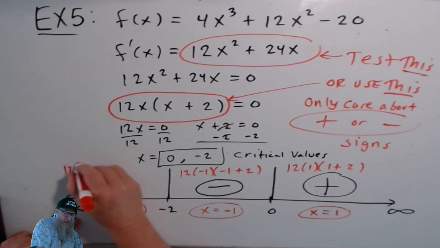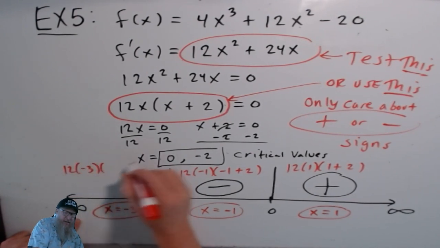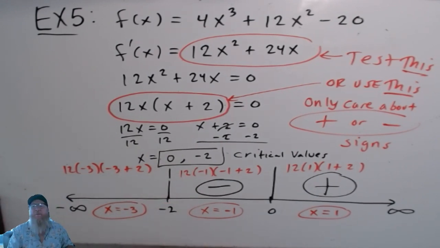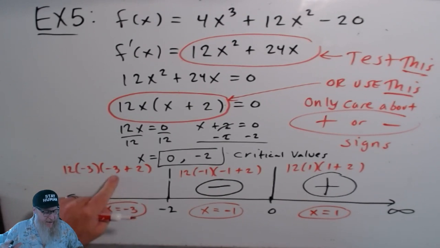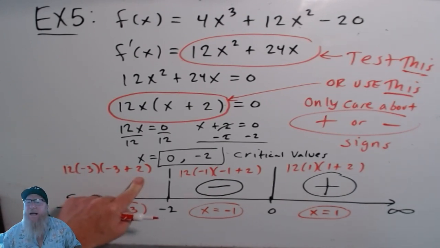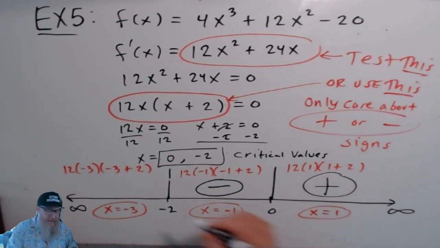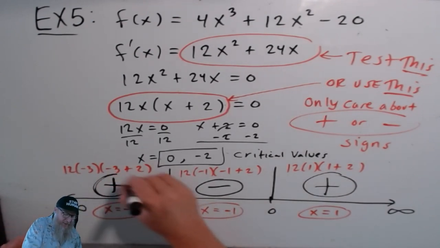Plug it in. 12 times -3 and -3 plus 2. 12 times -3 is negative. And again, I don't care what it is. It's -36, but I just care that it's negative. -3 plus 2 is also negative. So there's a negative times a negative, so that's going to be positive.